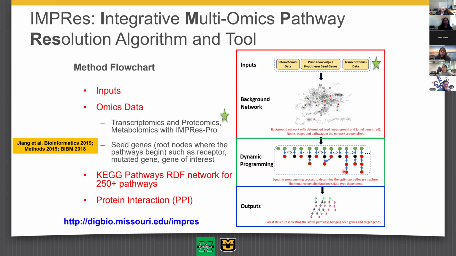One is called Impress, where we end up taking the entire KEGG pathway as a network. And our goal here is to identify the sequential links between the pathways, which are tied to the experimental conditions, changes, differences in your experimental studies. So if you have multiple comparisons you're doing based on transcriptome or proteome or metabolome or any combination of these, we can take the analyzed data from there.